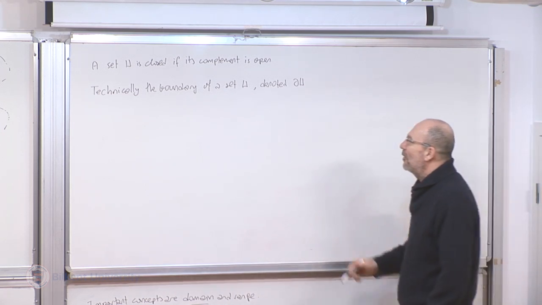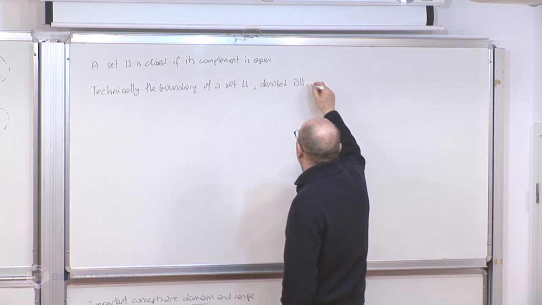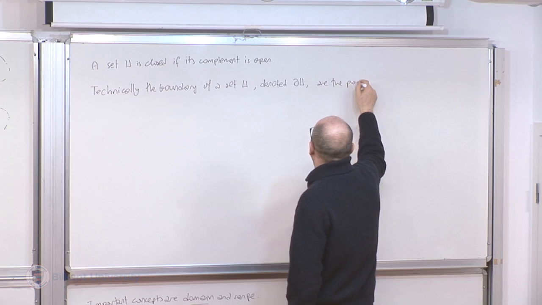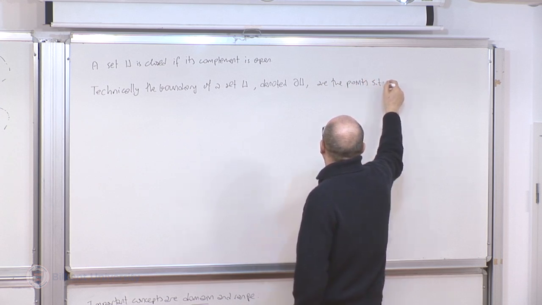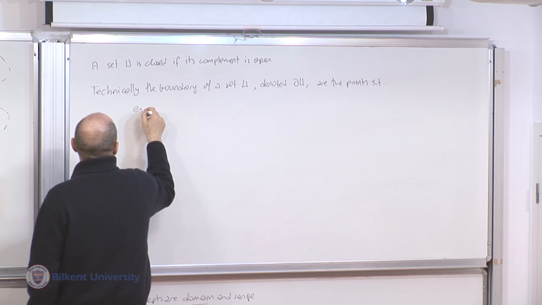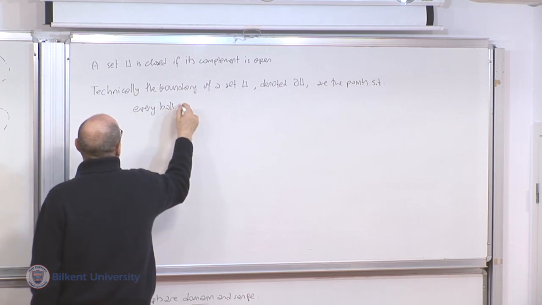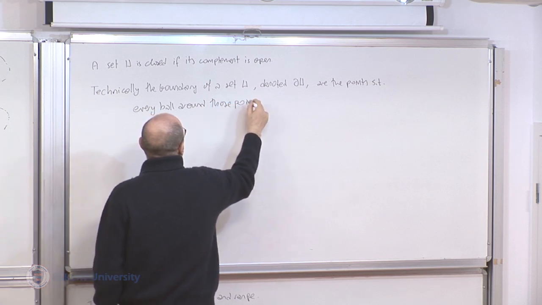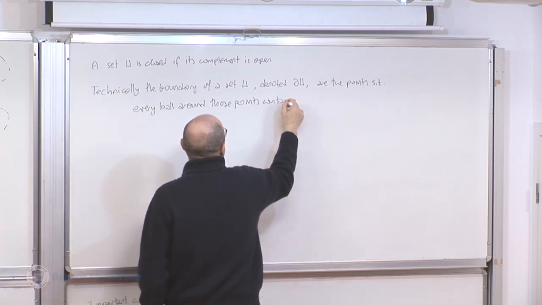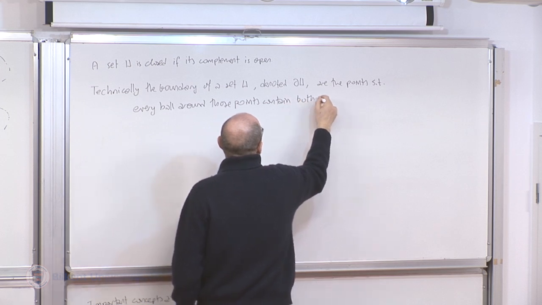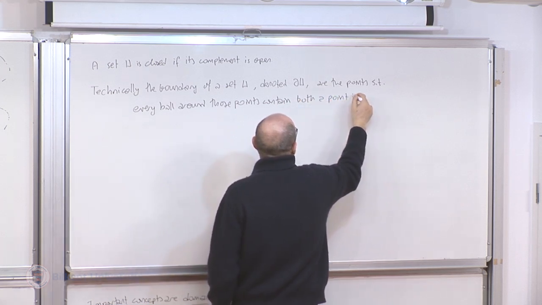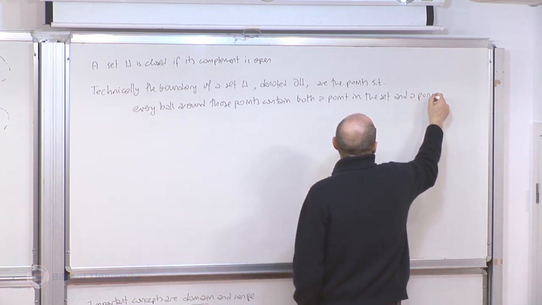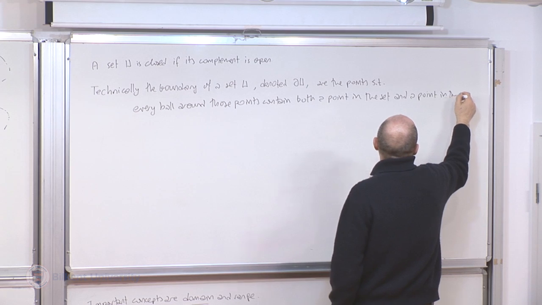The boundary points are the points such that every ball around those points contains both a point in the set and a point in the complement.